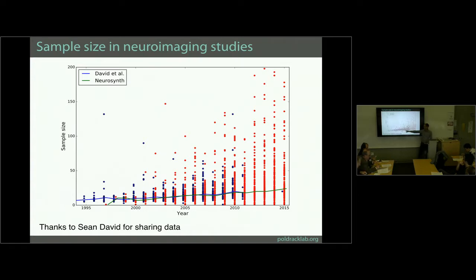Where we have overlap, they're fairly concordant. The automated technique, when we compare it to Sean's data, gets about 75% correct, so it's not perfect. But it lets us project out to where we don't have data from Sean's manually annotated data set. And what we see is that now the median sample size for imaging studies is around 24.